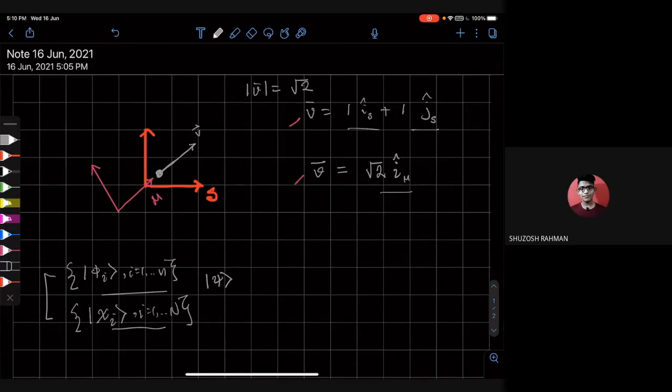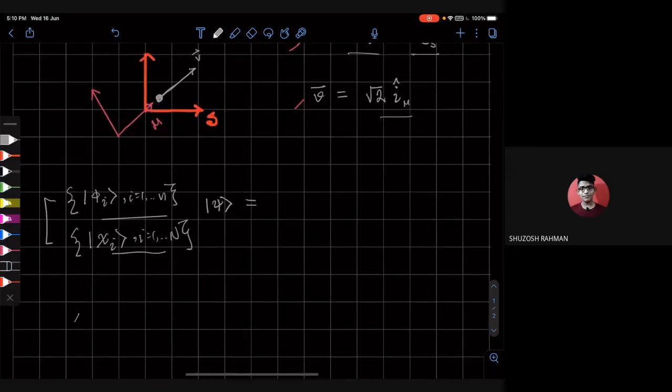Now, we saw that the identity operator can be expressed in terms of the sum of all the projectors. In Shujosh's basis, this is going to be the sum of all the projectors.